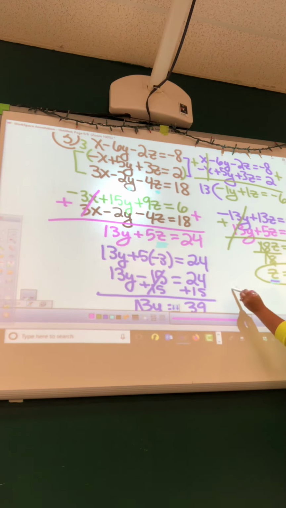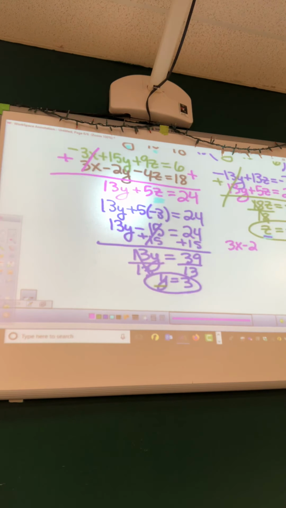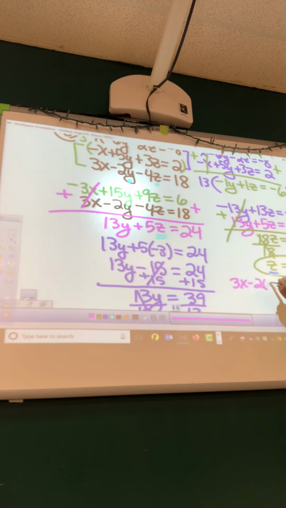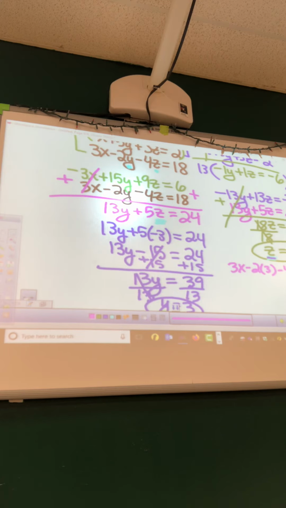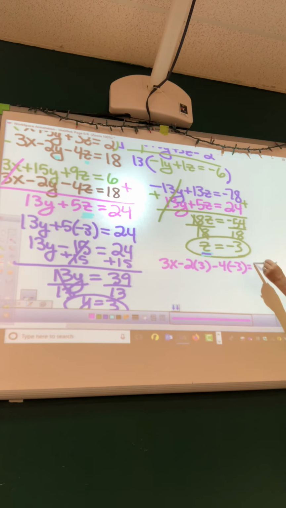All right, so 3x minus 2 times my y, which was 3. Negative 4 times my z, which was negative 3. And then equals 18.